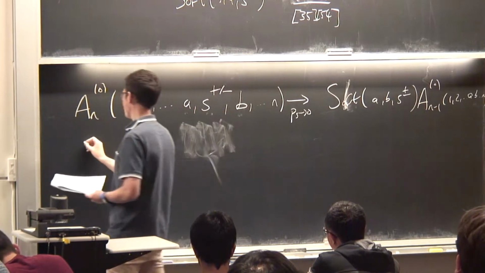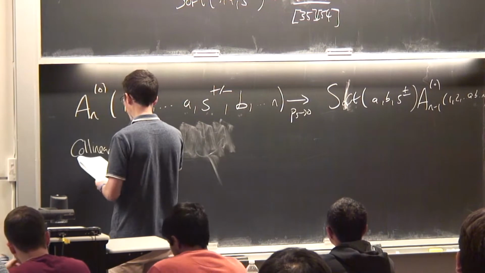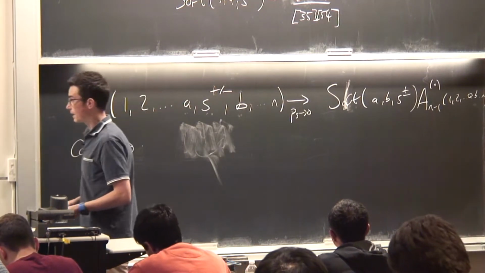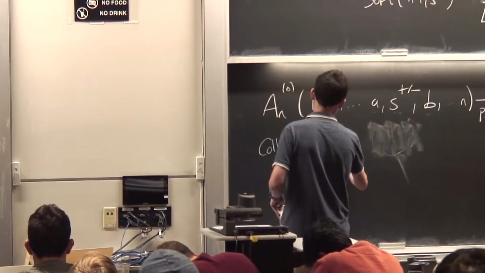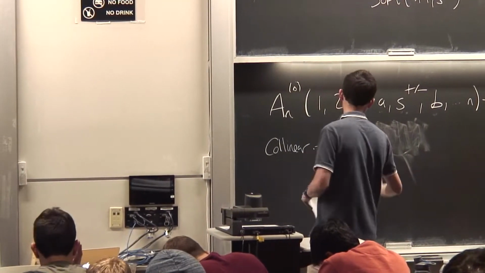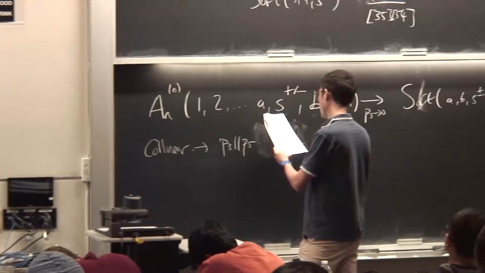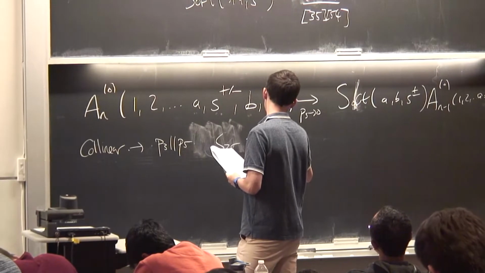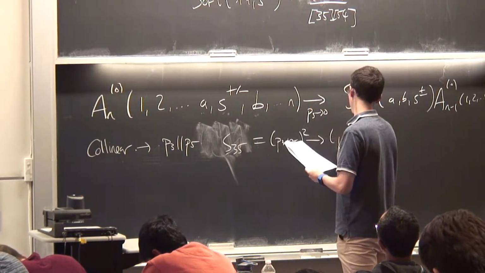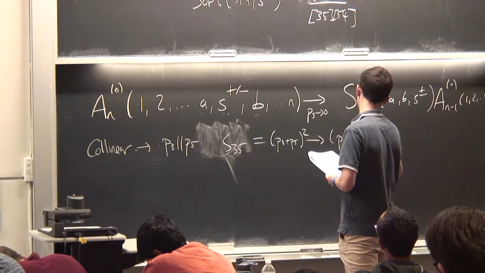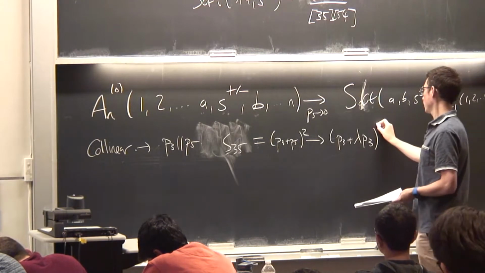Then the other one we were talking about was collinear. In that situation we'll take 3 and 5 for our example. So we have that P3 becomes parallel with P5. So our invariant S35 is P3 plus P5 squared, which is P3 plus lambda P3, so P5 is just some rescaling of P3, all squared.